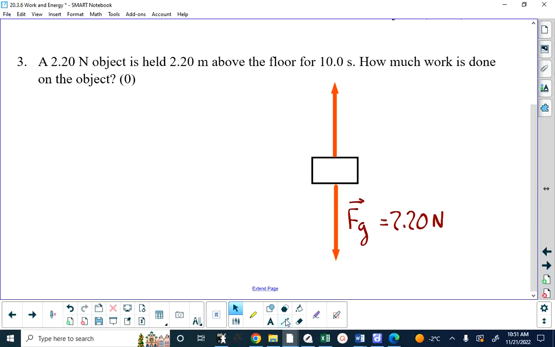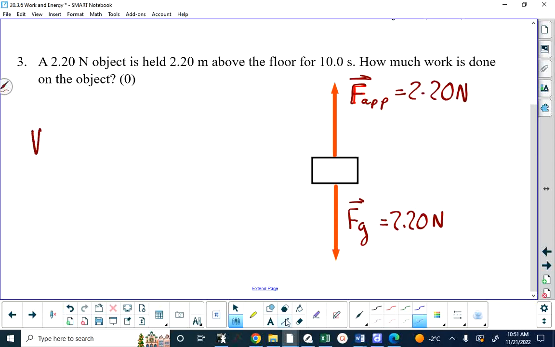But since you're holding it at a particular height, that must mean that the applied force upward is 2.2 newtons. And I made a big deal on Friday of mentioning to you that in this formula, work equals force times displacement, that this is the applied force.